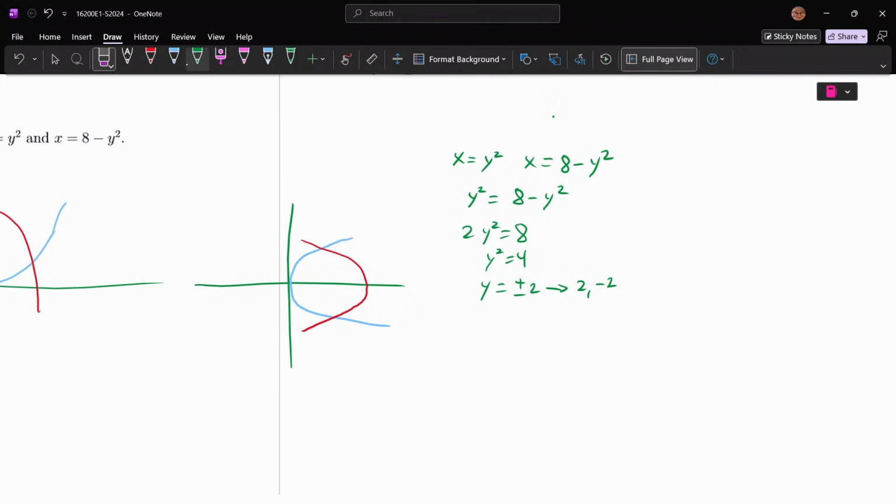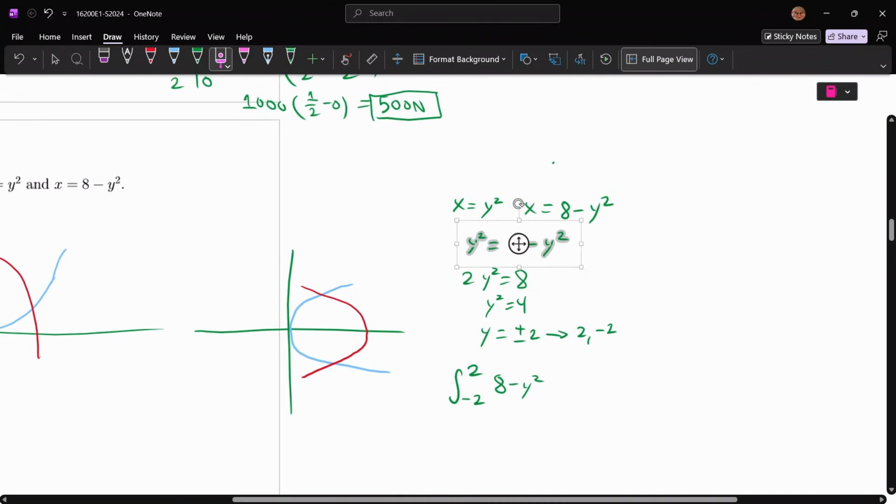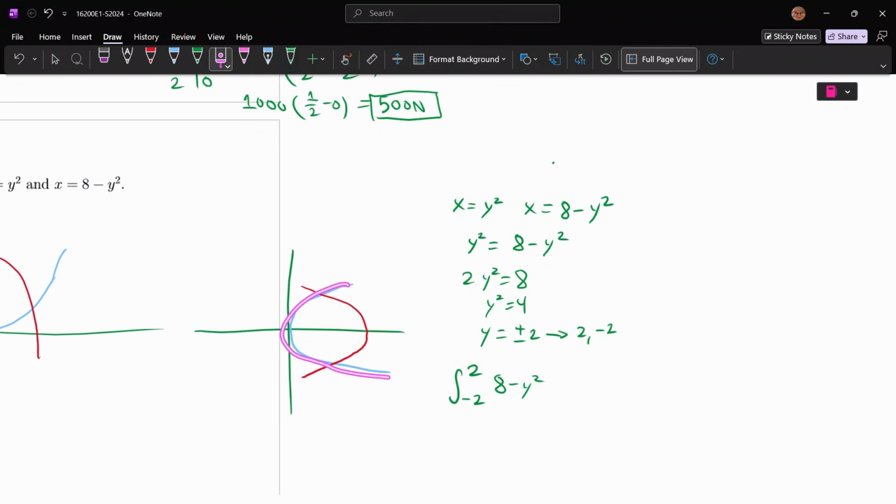When you do that, you should end up with a function that looks like this. So you have our lower boundary of -2, upper boundary +2 of 8 minus y squared, because this red function is going to be 8 minus y squared, and this blue function is just going to be y squared. So I'll even label those.